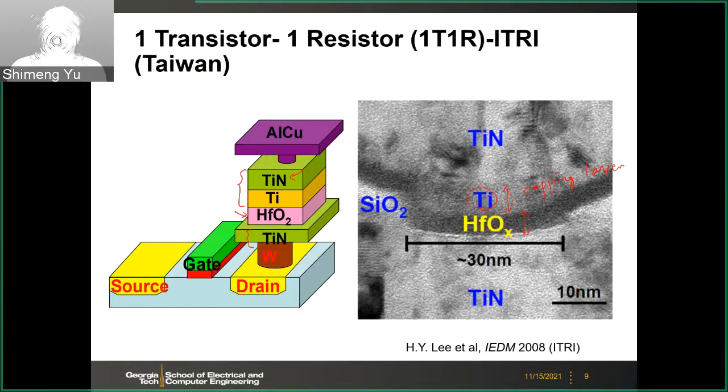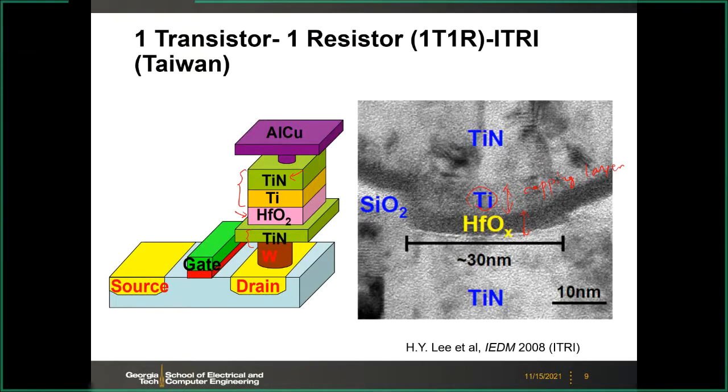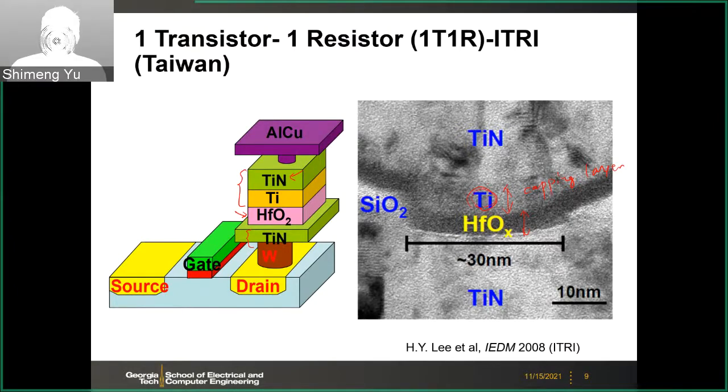The purpose of having a metallic layer is the oxygen gathering effect. Basically, this metallic Ti can extract oxygen from the hafnium oxide into the titanium layer. Therefore, the composition here is less than stoichiometric.